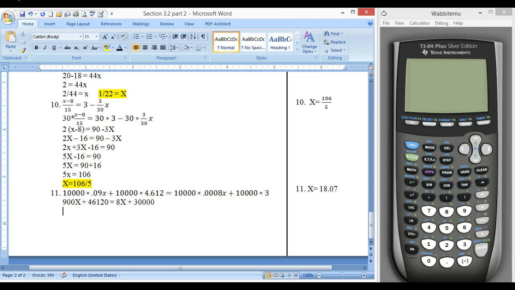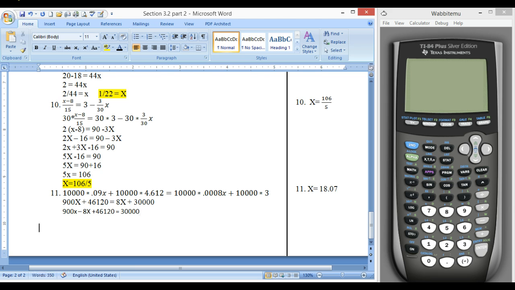Okay, here's your next step. Combining the x's, I'm going to move the 8x over. So I have 900x subtracting 8x. And I still have this 46,120 equals 30,000.